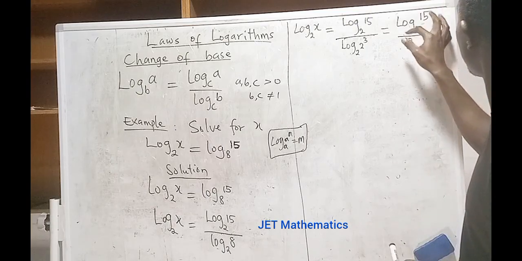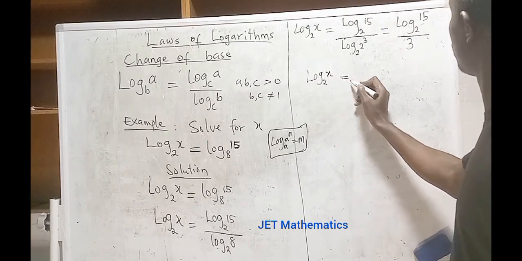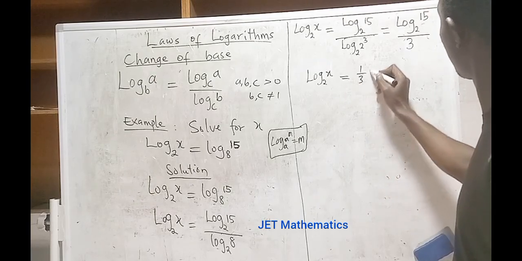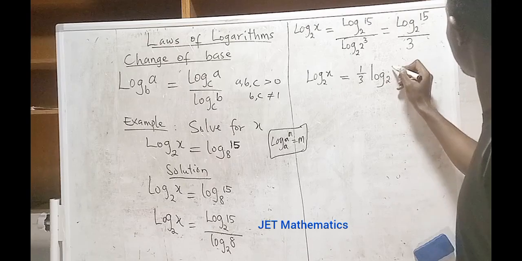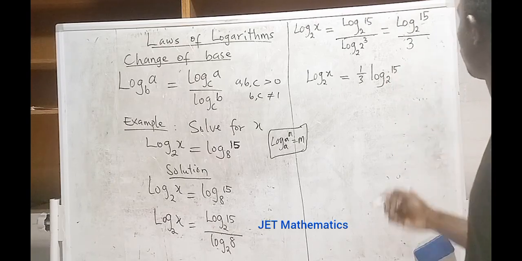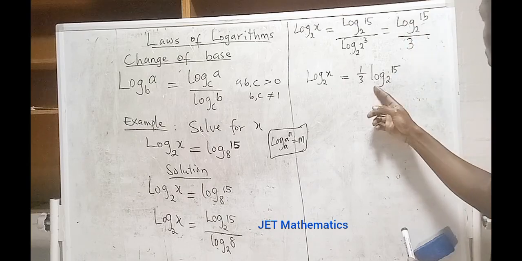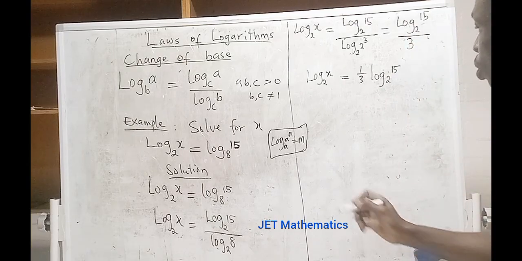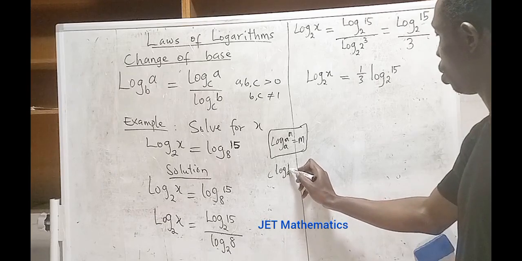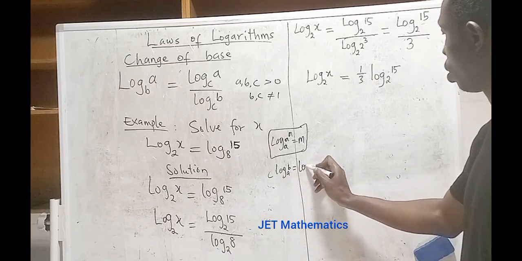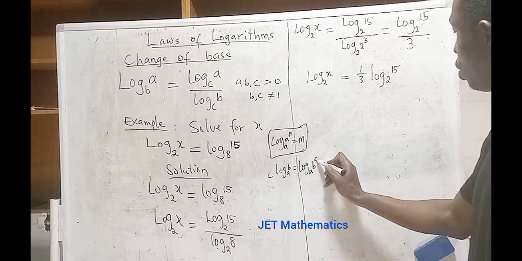Okay, so we can rewrite this to be log 2 x is equal to 1 over 3 log 2 15. Just what you have here is what is written in this form. Also remember the law that says c log a b can be written as log a b^c.